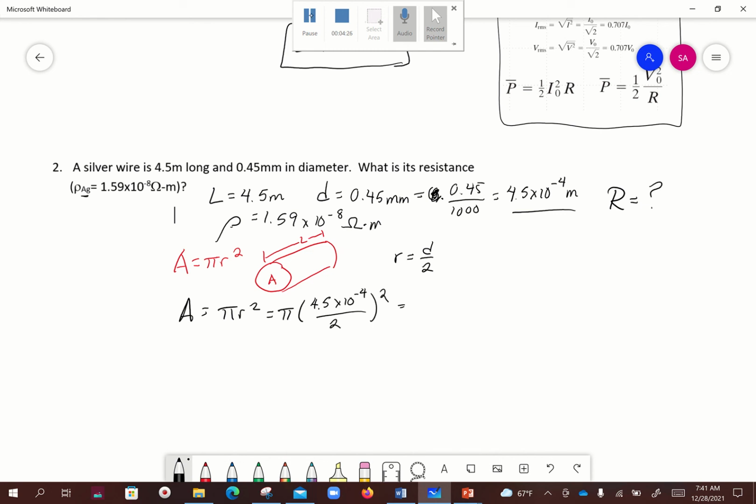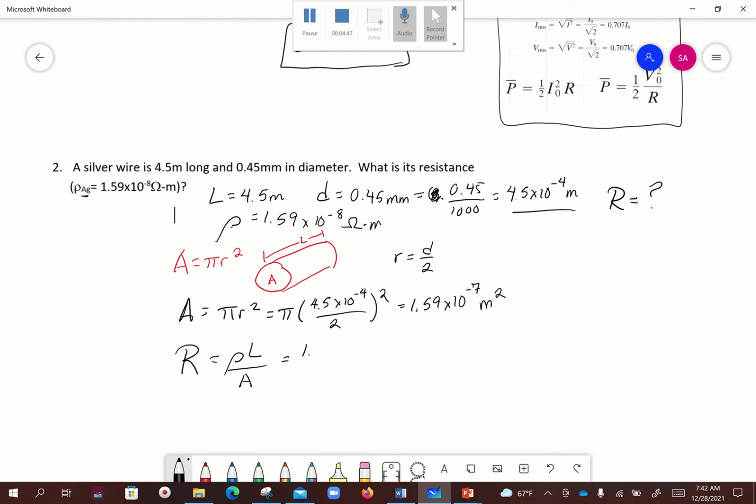We're going to get a really tiny number, 1.59 times 10 to the minus 7 meters squared. All right, so now we've got the length, the area, the resistivity. Now it's just plug and chug into the equation that R equals rho L over A.